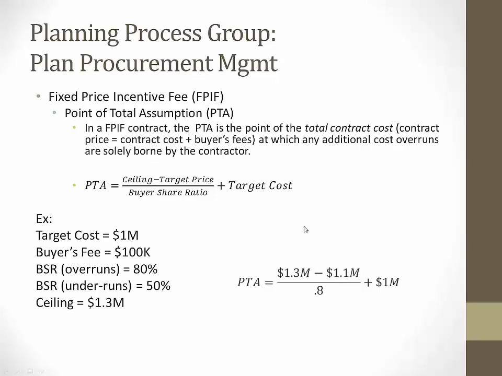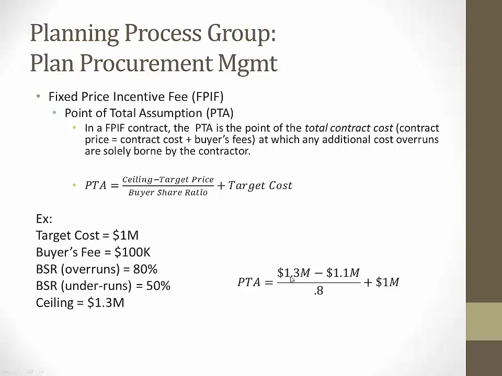So we're going to find the PTA. In this particular example, $1.3 million is the ceiling, minus $1.1 million is the target price. So that's the contract price: $1 million of target cost plus the fee.